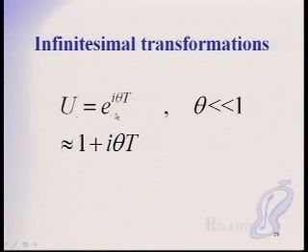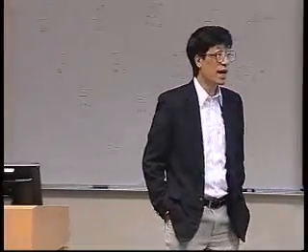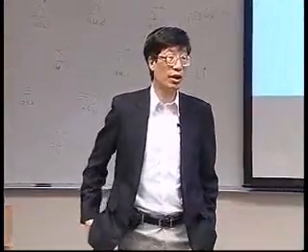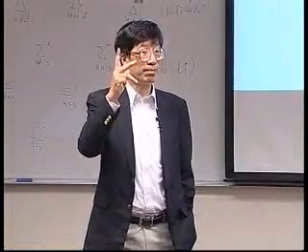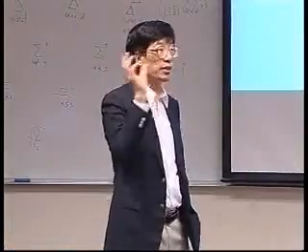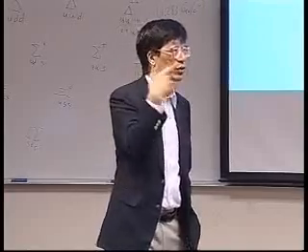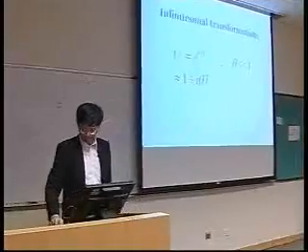That is, U is written as e to the i theta T, where T is a Hermitian operator and theta is a small real number. So this is approximately equal to 1 plus i theta T. So it departs from the identity only by a small amount. Because if I understand the small transformations, by just building these up, applying these in succession, I can get all the other transformations. Okay?